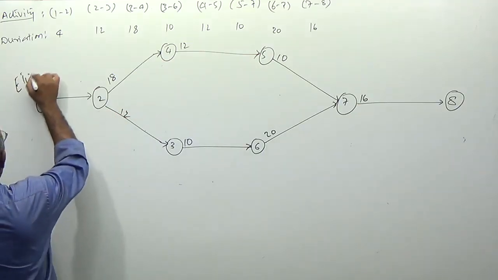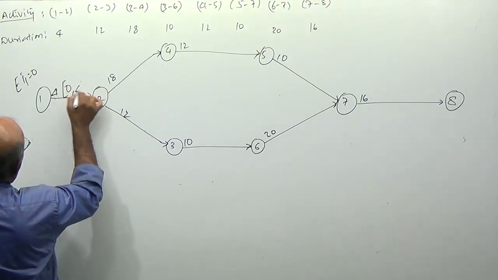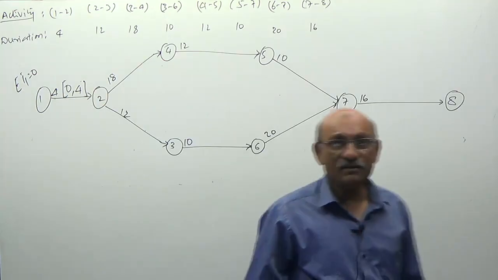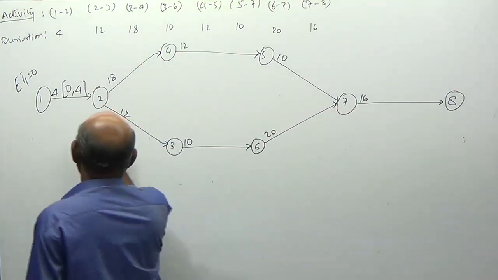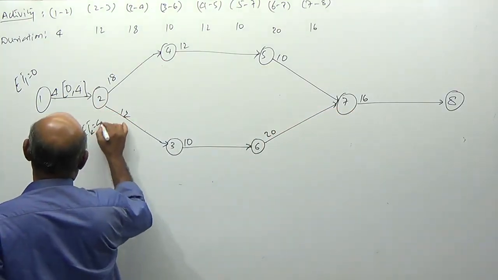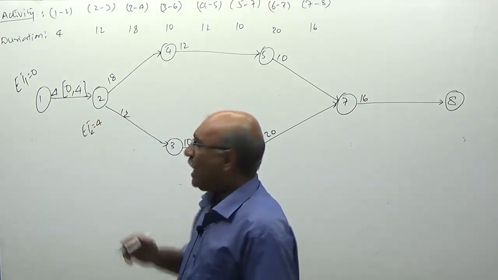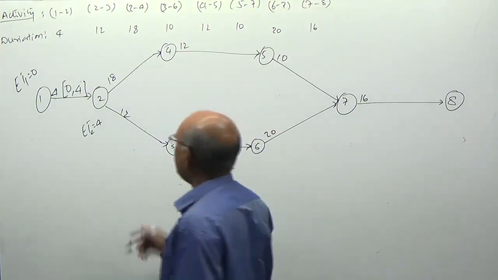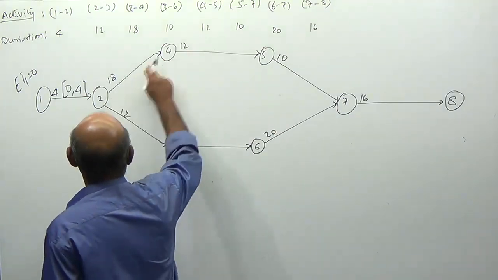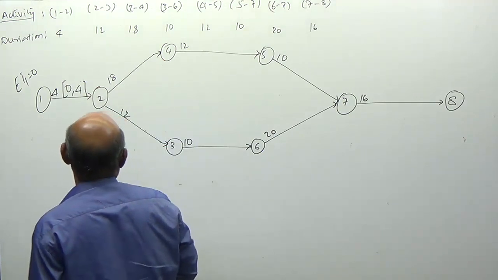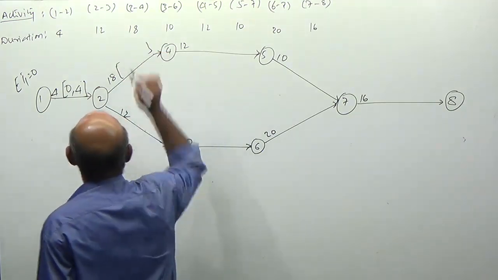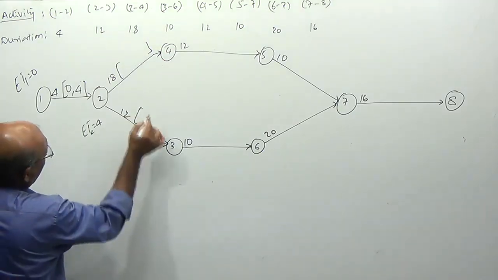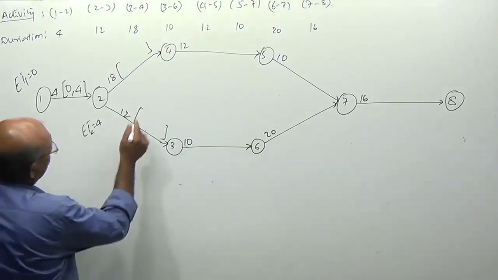Earliest timing of node 1 is 0. From 0 to 4: I start on the 0th day and complete on the 4th day. So earliest time of 2 is 4. On the 4th day I am reaching node number 2. What am I doing on the 4th day, sir? 2-4 and 2-3, two activities are simultaneously started by me.